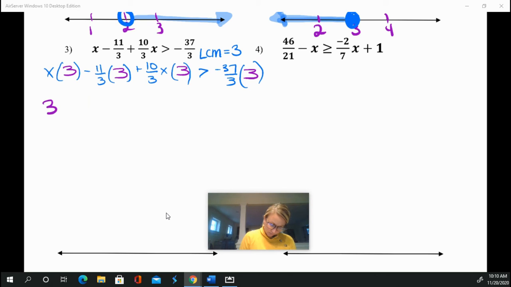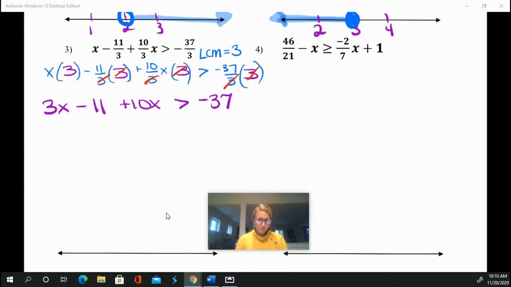X times 3 is 3x. 3 over 3 is 1. 3 over 3 is 1. Okay, so if you do that step correctly, your next step should have no more fractions.